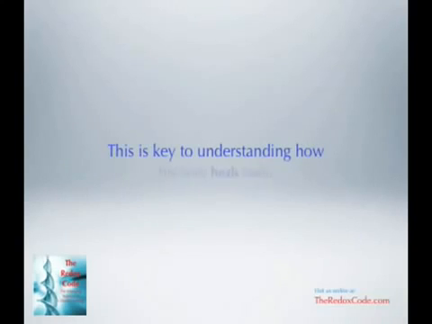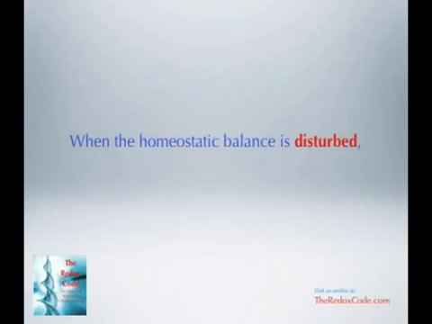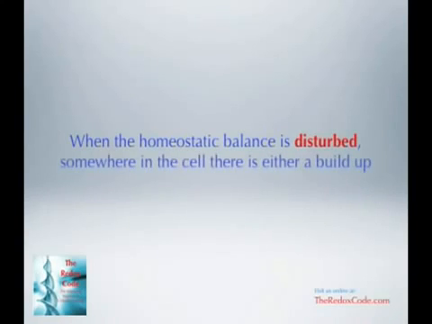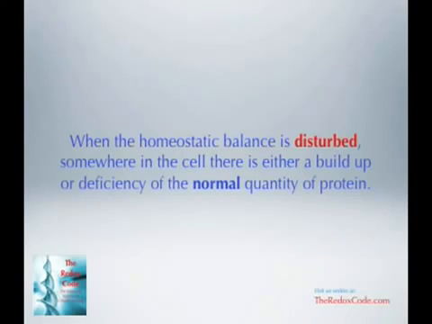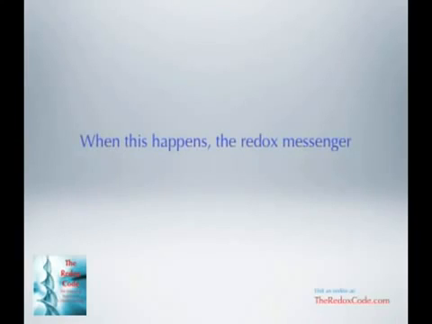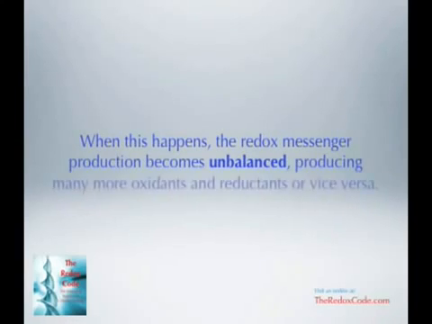This is the key to understanding how the body heals itself. When the homeostatic balance is disturbed, somewhere in the cell there is either a buildup or a deficiency of the normal quantity of protein. When this happens, the redox messenger production becomes unbalanced, producing many more oxidants and reductants, or vice versa.